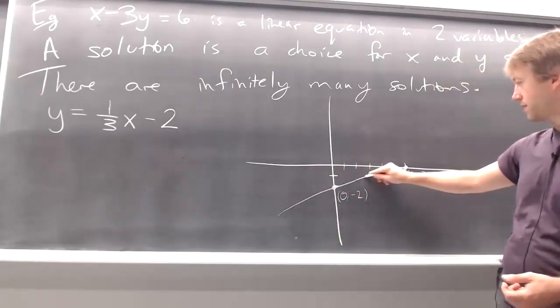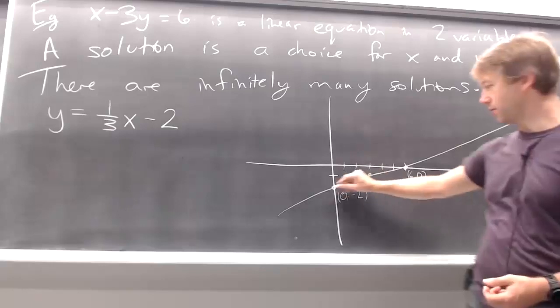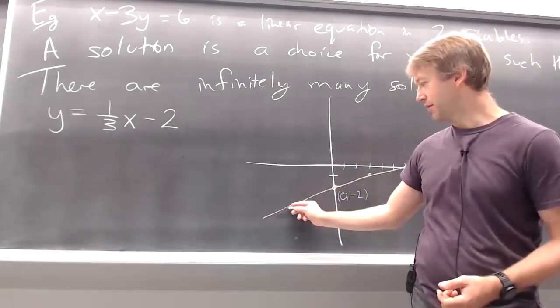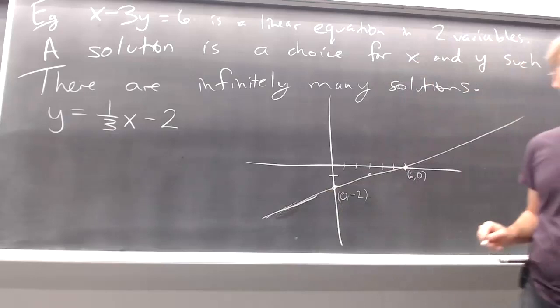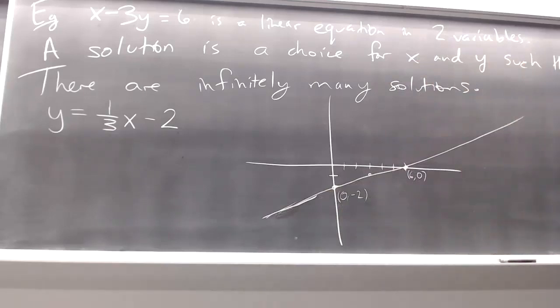So it's a line of slope 1/3 that just kind of goes like this, right? It's supposed to be straight, but I'm not that good at drawing a straight line. All right, so this stuff should hopefully be familiar from high school. Okay, so this line, these are the solutions to x minus 3y equals 6. Any questions about that?